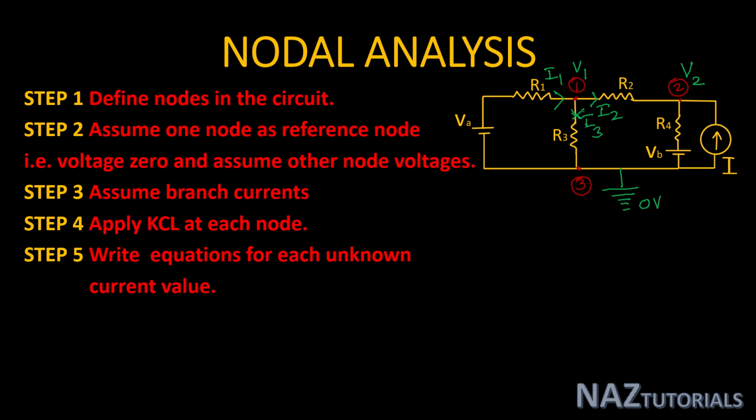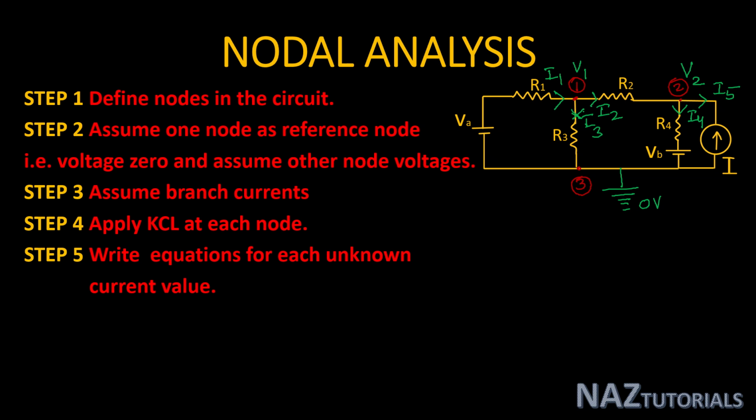So here we assume the branch currents, and for node 2, I2 is already defined, and this is I4 and this is I5. If you see this circuit, all the branch currents are defined.